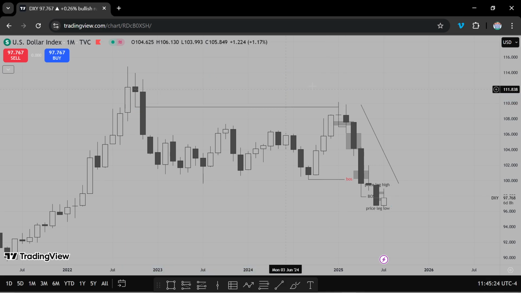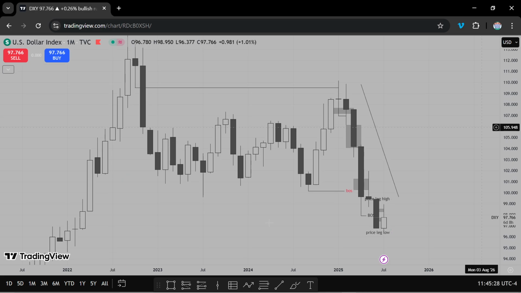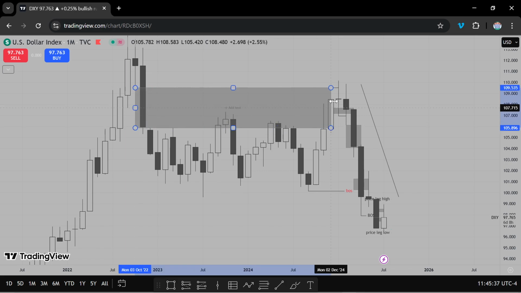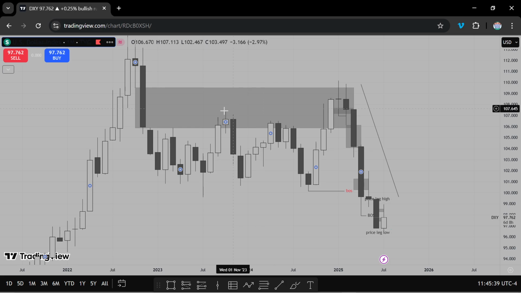So what happened? This is one of my thoughts on fair value gaps. This is a fair value gap. It has been mitigated by this high right here.